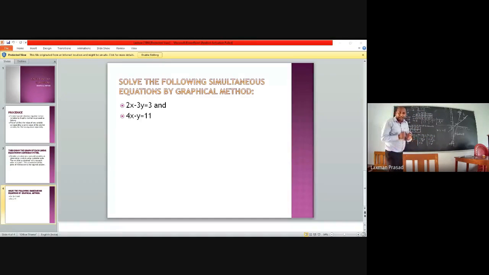Then if the value of x is 3, the value of y is 1.